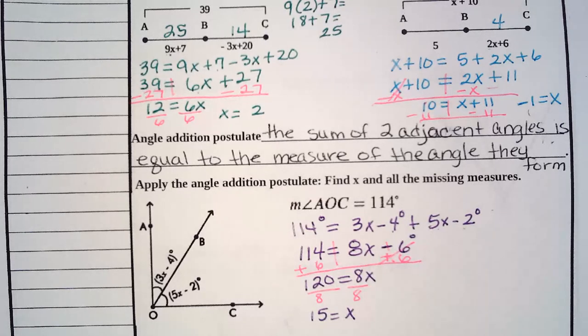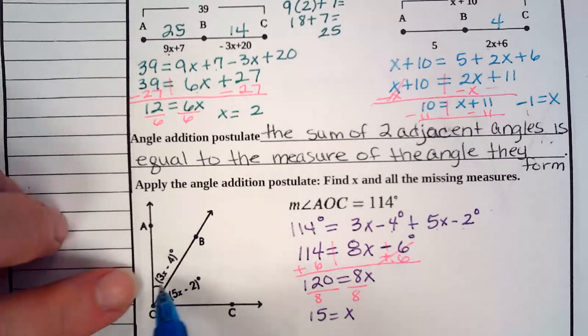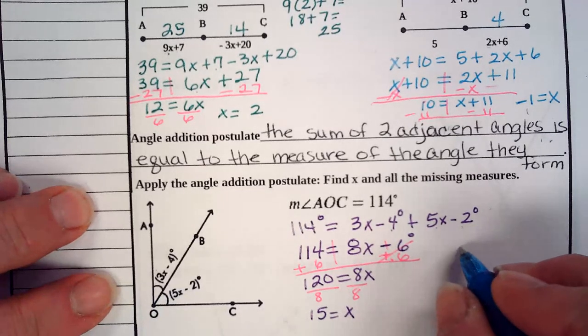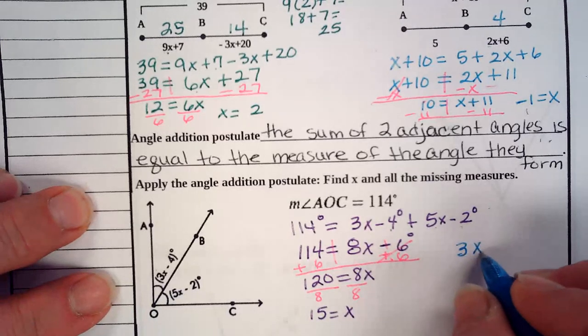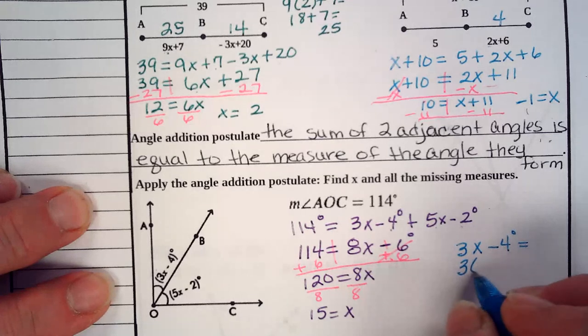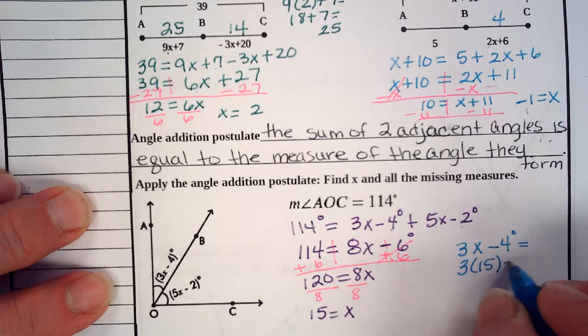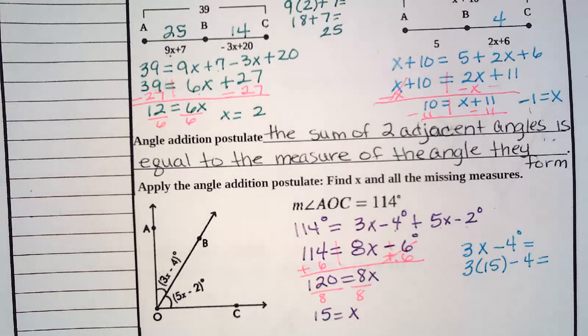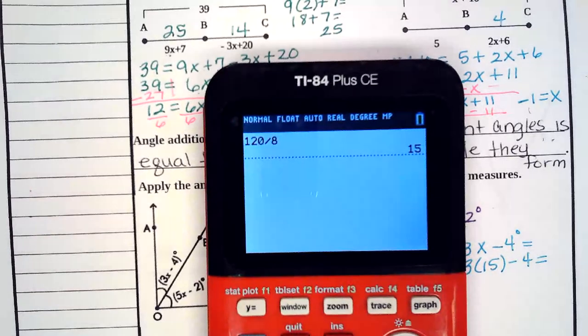Okay, we've still got two more to find. We still need to find both measures of both angles. So if I take 3x minus 4, that is equal to 3 times 15 minus 4, which is equal to 41.